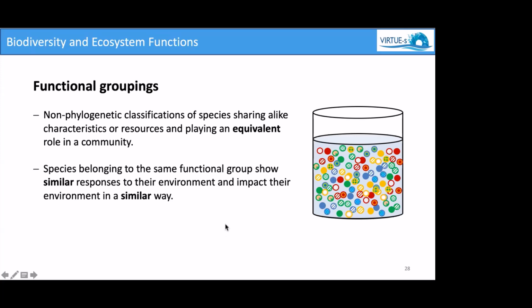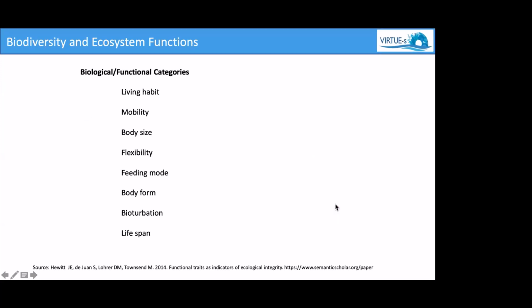Okay. So some of the biological and functional categories that are being used by ecologists are, first, living habit, for instance, which means whether an organism is epibenthic, attached, or an infauna. Mobility is about whether the organisms swim, crawl, burrow, or are sessile or sedentary.